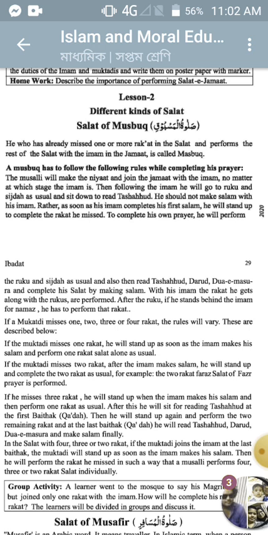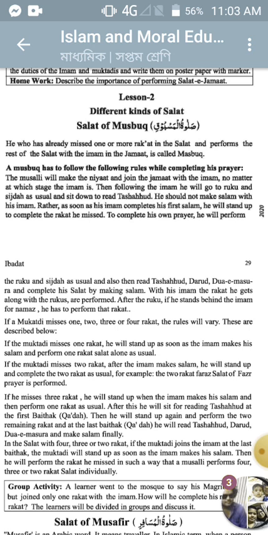If the muqtadi misses 1 rakat, he will stand up as soon as the imam makes his salam and perform 1 rakat salat alone as usual. If the muqtadi misses 2 rakat, after the imam makes salam, he will stand up and complete the 2 rakat as usual.